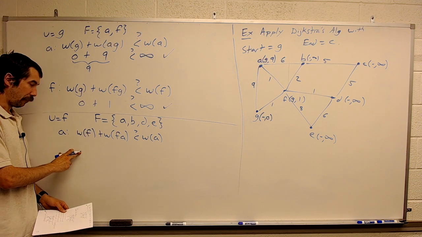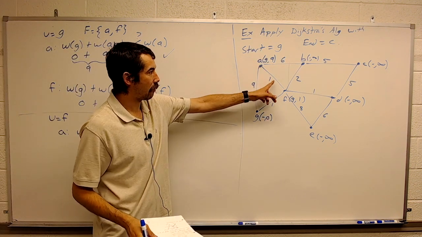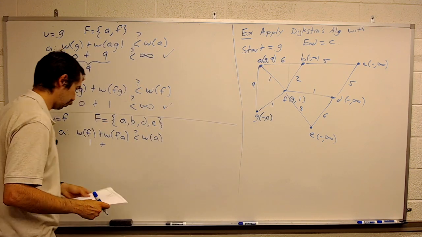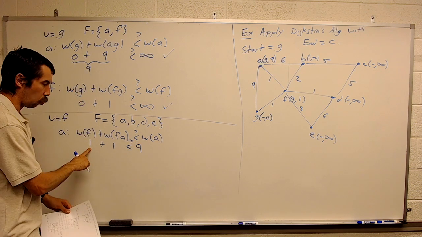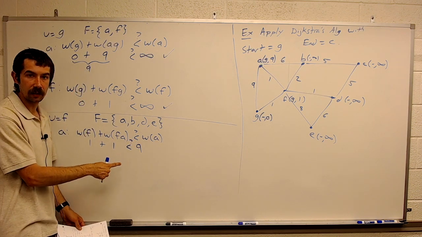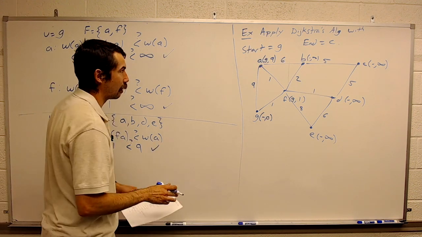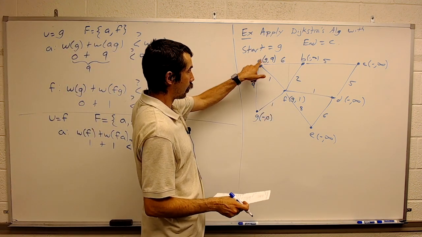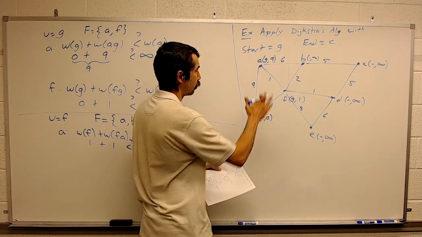The weight of F is 1. The weight of AF or FA is also 1. So is 1 plus 1 less than 9? Yes. Okay, we update A. We update A's label. It is now F.